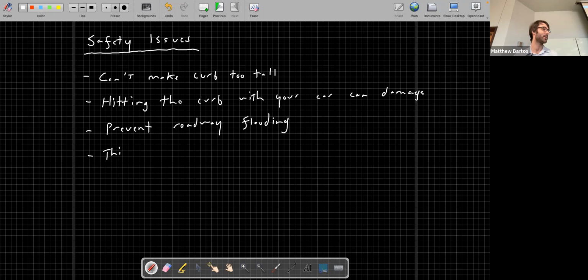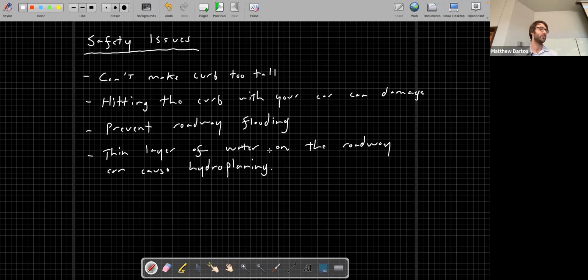So a thin layer of water on the surface of the roadway can cause hydroplaning, which can potentially cause you to lose control of your vehicle. So you especially don't want this on larger roads. You don't want water too far along on the roadway such that hydroplaning occurs.